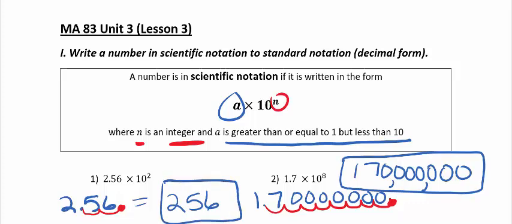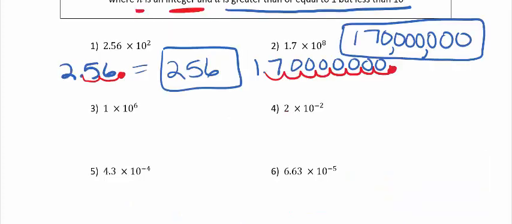Now both of those numbers had positive powers, so each time we're taking the decimal point and moving it to the right. Now we're going to look at 1, and the decimal is right here at the end of the number when it's not shown.